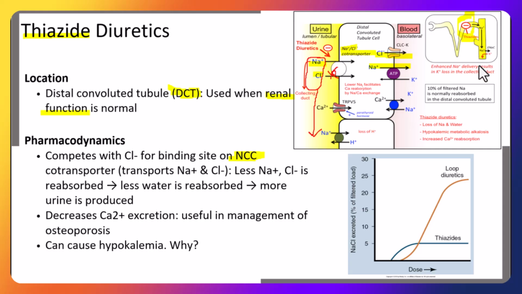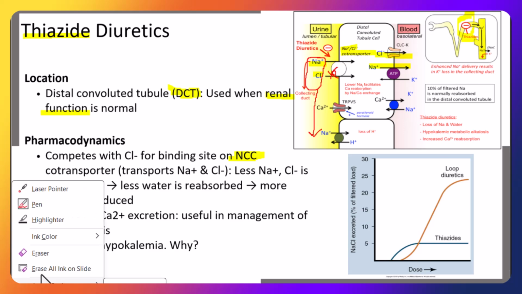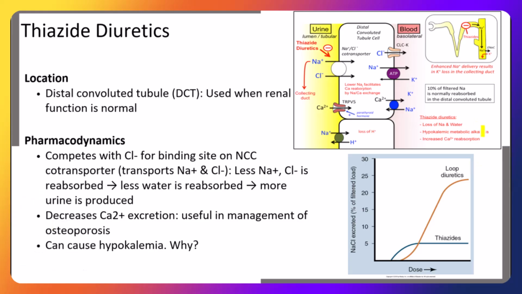And so we get more potassium loss in the urine. So it can be a little bit of a snowball effect if you're not careful. And then, of course, just like we spoke about earlier, there can be a state of alkalosis for the same reasons, losing those hydrogen ions from the blood and putting them in the urine.